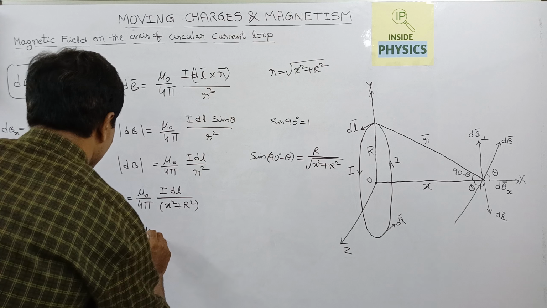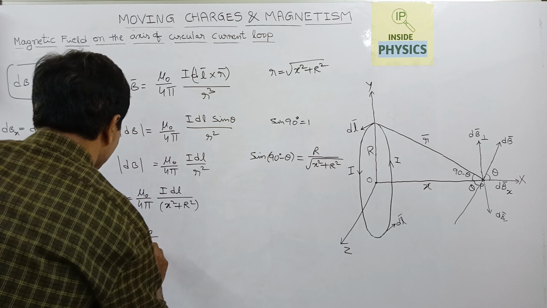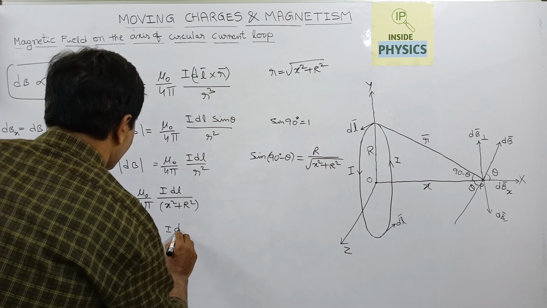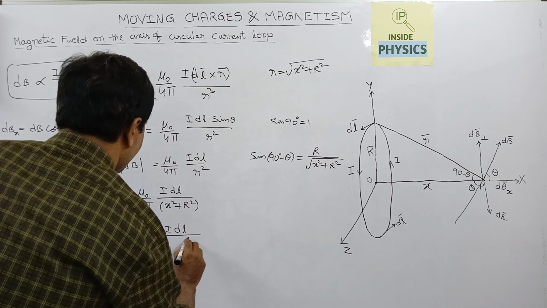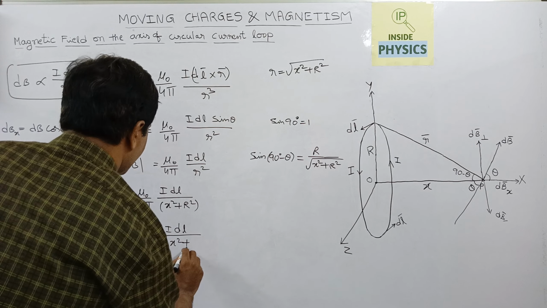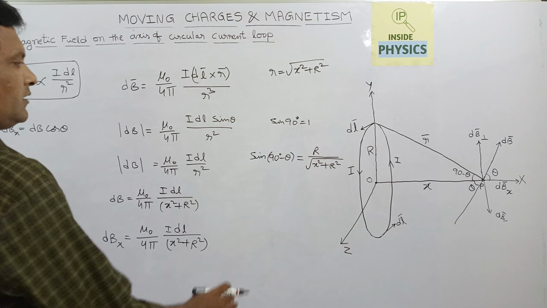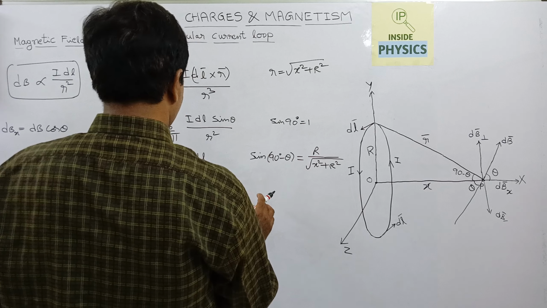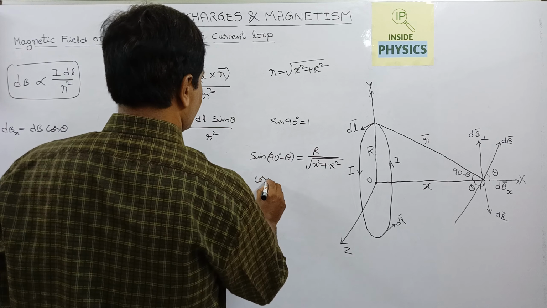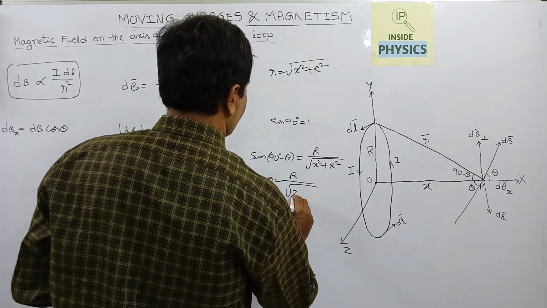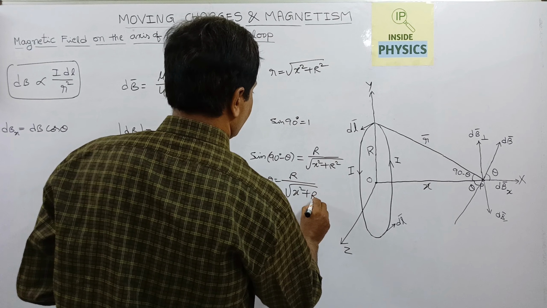That means mu naught by 4 pi I dl by x square plus r square. Sin 90 minus theta is equal to cos theta. Cos theta is equal to r by root of x square plus r square.